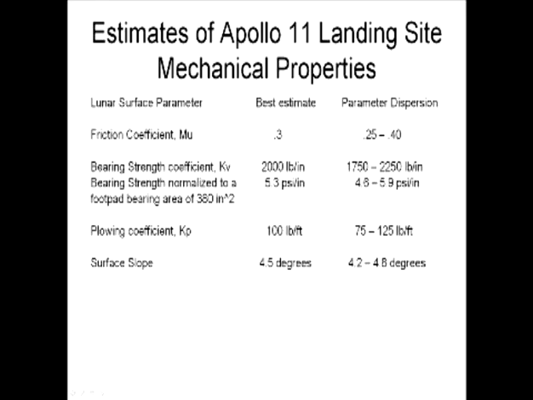And again, that range was like 4.6 to 5.9. And the plowing coefficient, this is just artificial, but I just used 100 pounds per foot. And the measured slope is somewhere in that range right there. But you can still get results. The point is, you're just talking about tenths of degrees. So. Next chart.